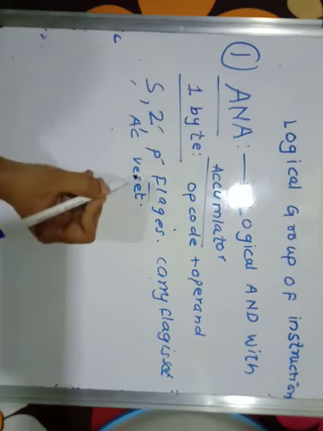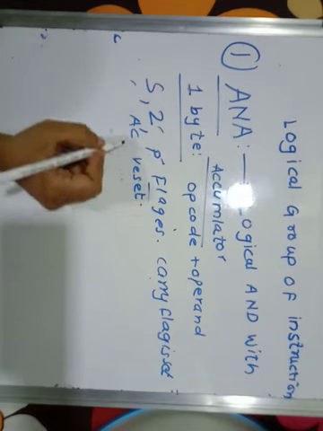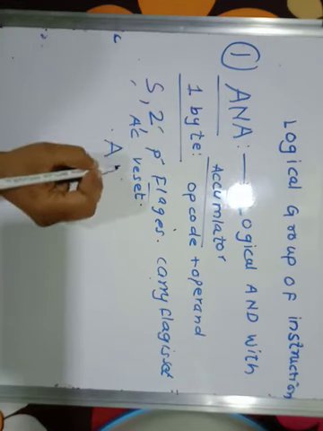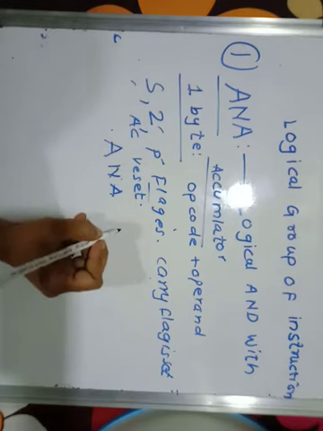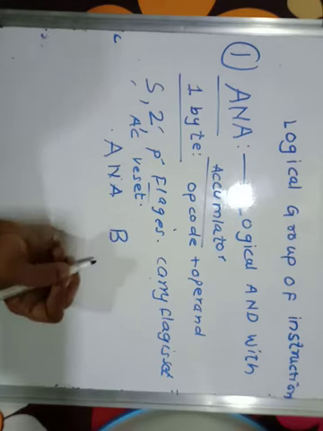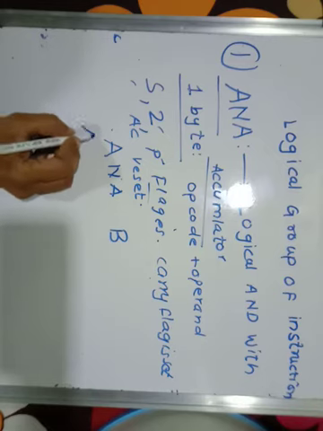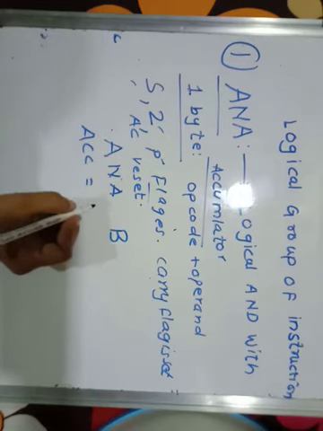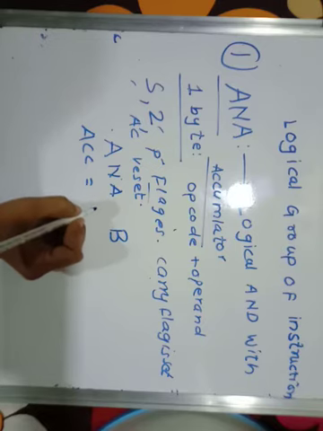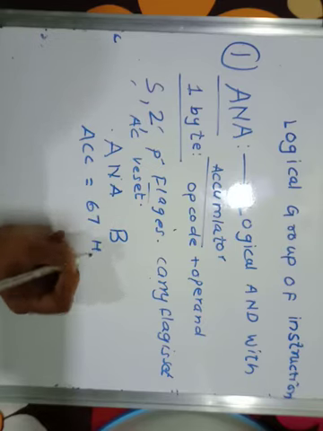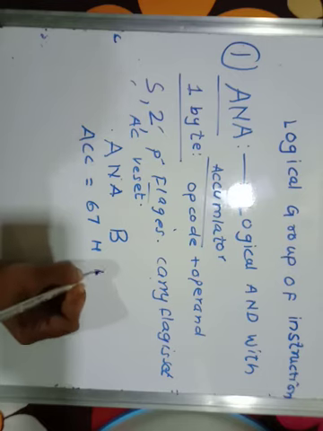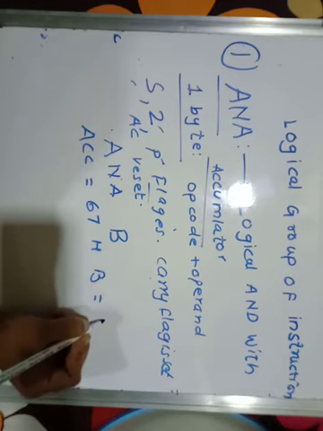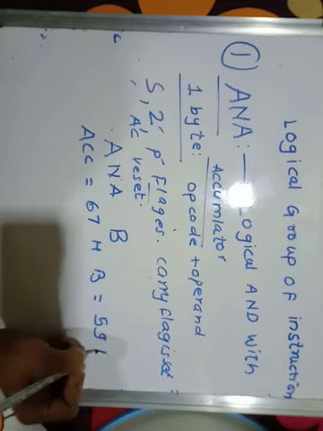Okay, so for example we are going to see ANA B. Suppose I have given the content of accumulator, and the content of accumulator is 67H, and you have the content of register B equal to 59H.